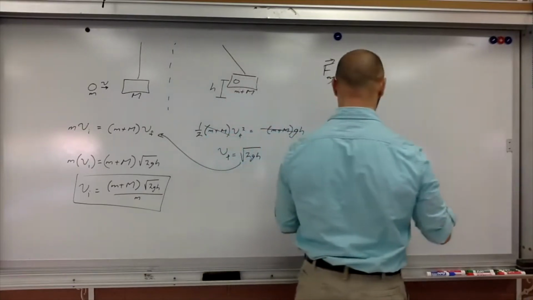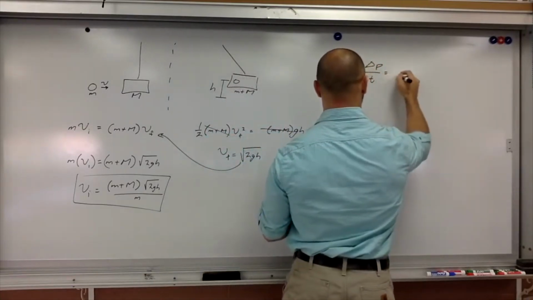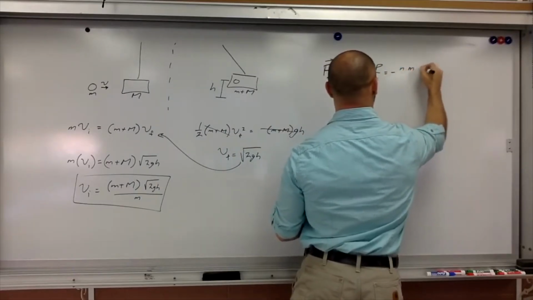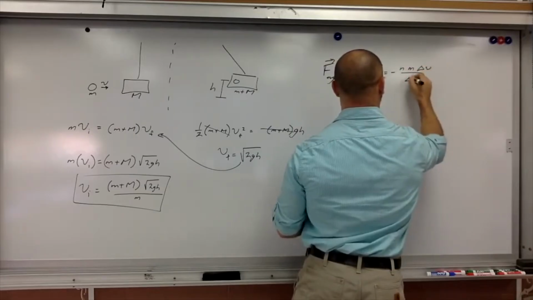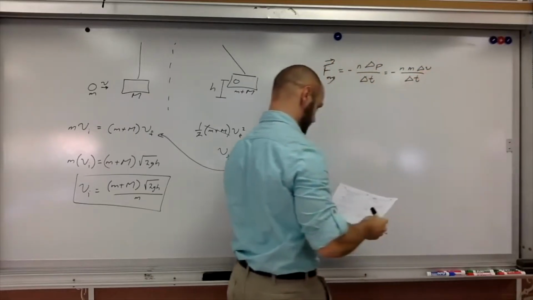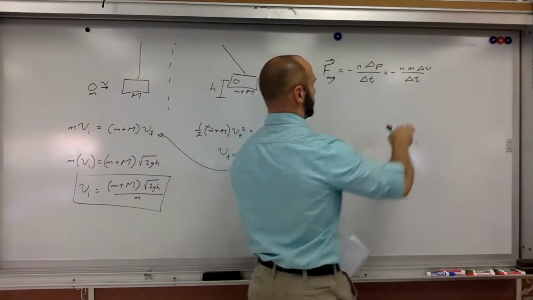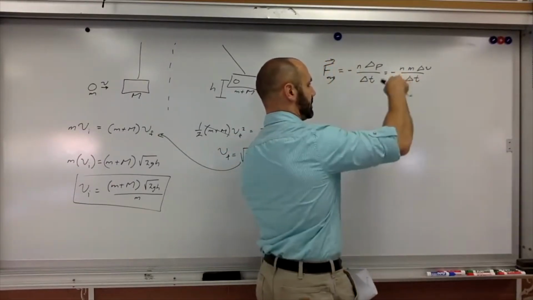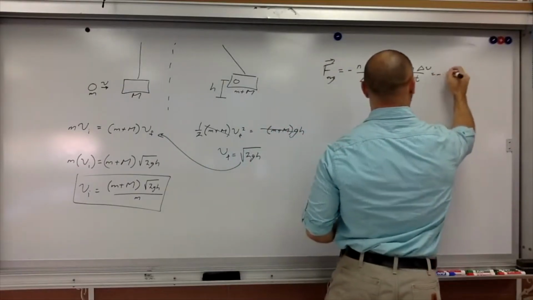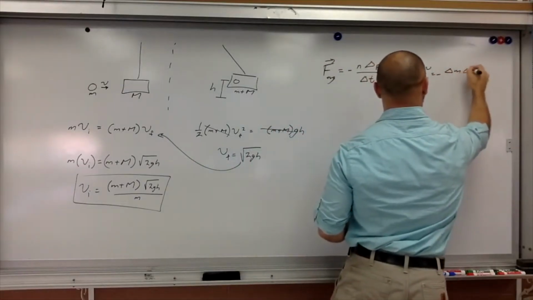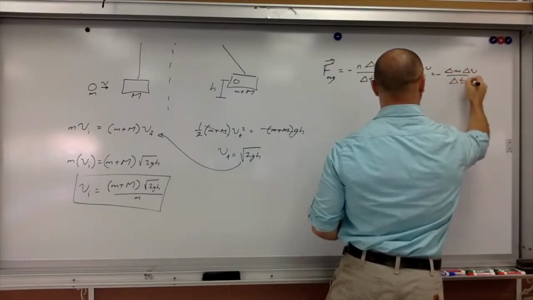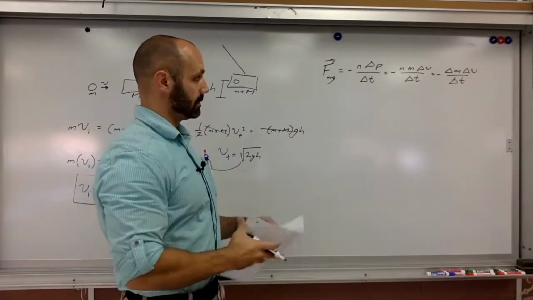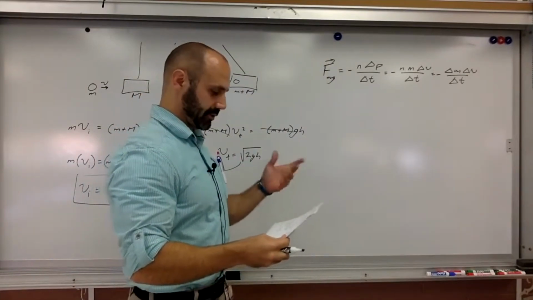Or we can say that this is negative n times m times delta v over delta t. But the number of masses hitting, n times the mass, is like the change in mass times the change in velocity over the change in time. So all different ways of expressing the same thing there. And so we have an example with this.